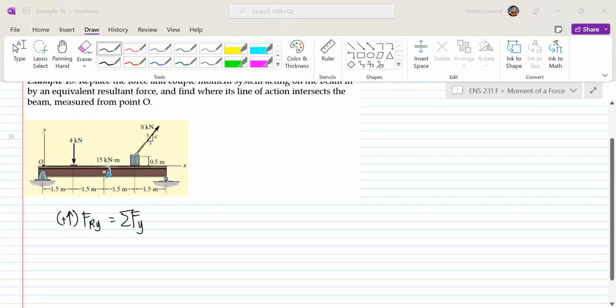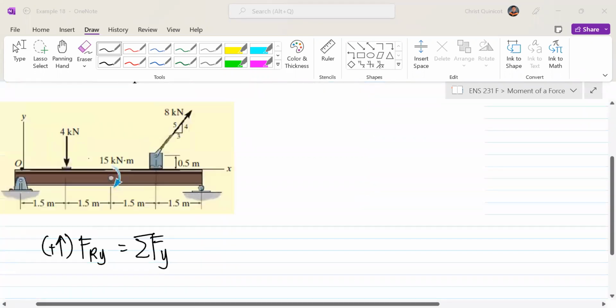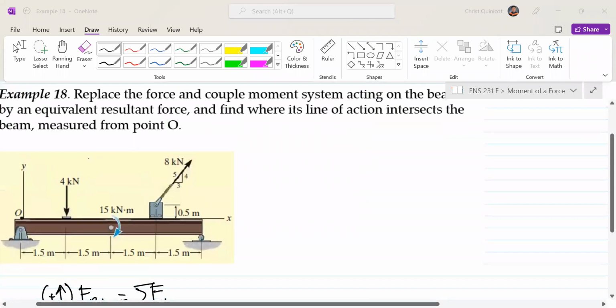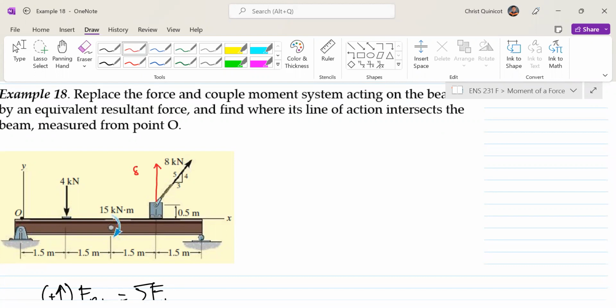We have two forces, 4 kilonewton and 8 kilonewton, but our 8 kilonewton is at a specified angle with respect to horizontal. So we will resolve this one into 8y and 8x.